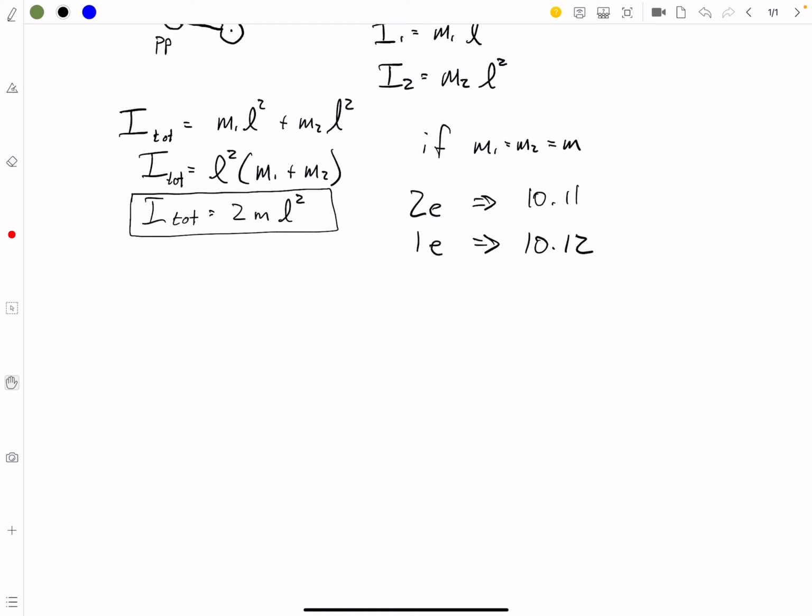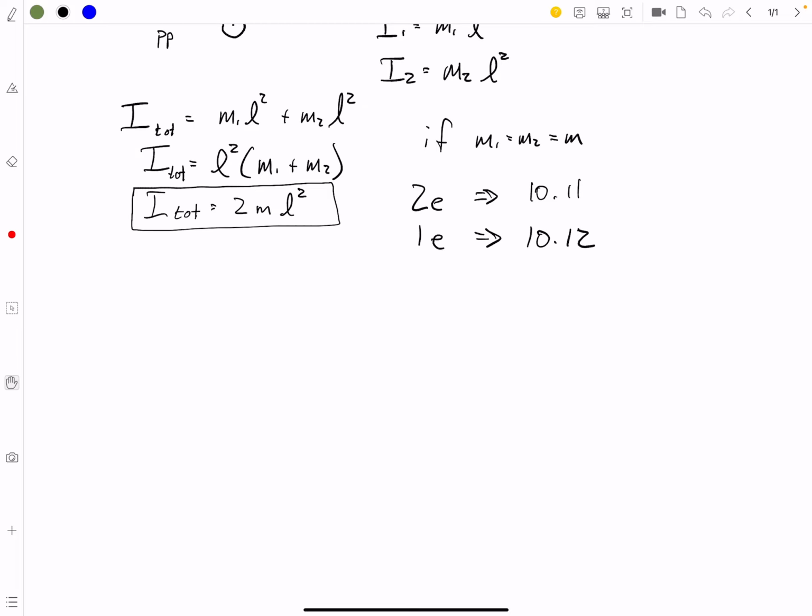Okay. So let's talk about the units for moment of inertia. First, let's make sure I can write. Okay. So moment of inertia. We call it I, and it has units. Well, let's look. What are the units? It's mass times length squared.